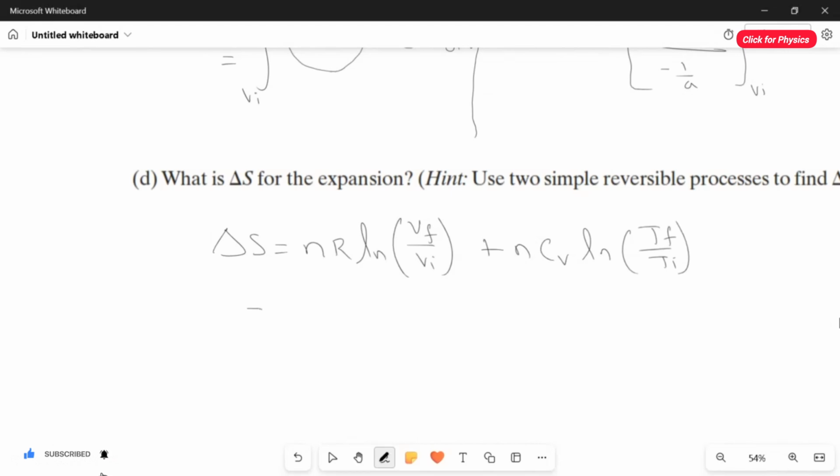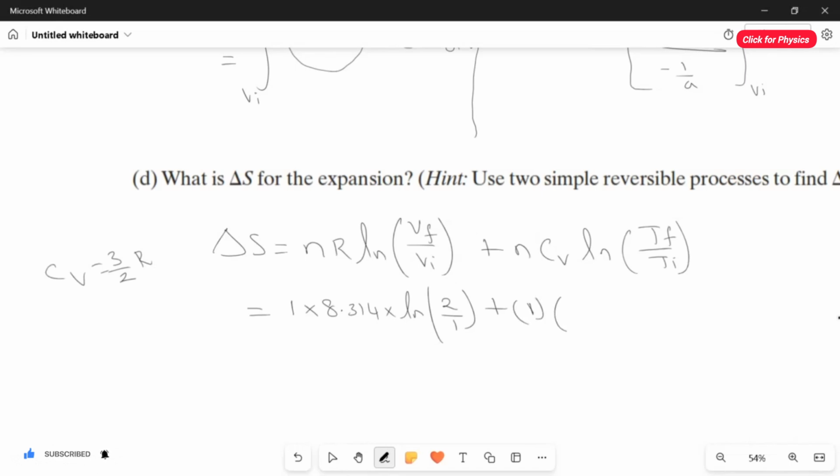I'm going to substitute the values. The number of moles is 1, multiplied by the universal gas constant value 8.314, multiplied by natural log of v final, which is 2 cubic meter, over v initial, which is 1 cubic meter, plus number of moles is 1, and then this is a monoatomic gas, right? So for the monoatomic gas Cv is equal to 3 over 2 times R. So I can substitute the value here.